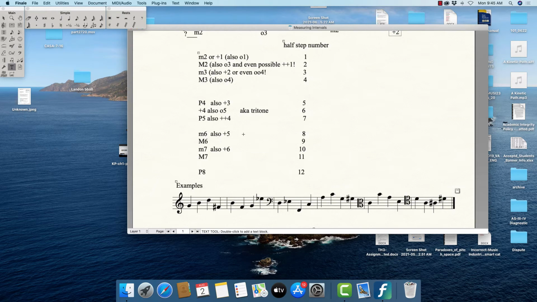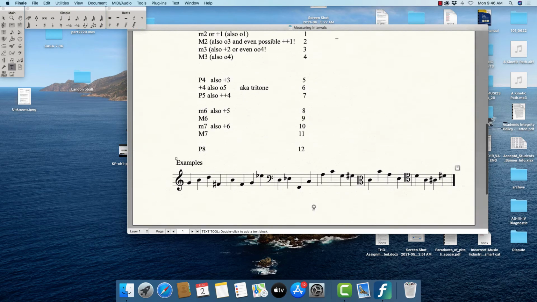Same thing, it would be spelled as a fifth, but it would have eight half steps. Major sixth, nine half steps. Minor seventh, which by the way can also commonly be seen as an augmented sixth, is ten half steps. The major seventh is eleven half steps, and the perfect octave is twelve.